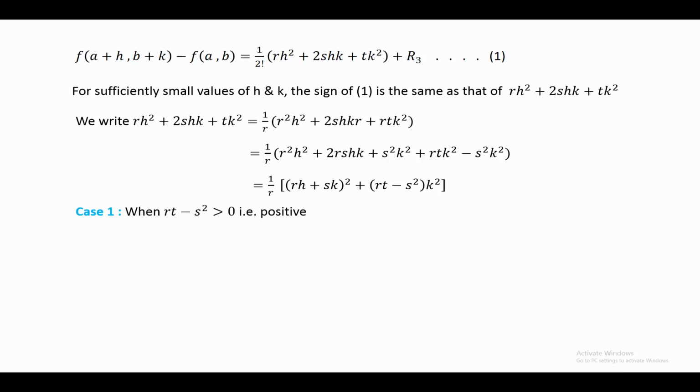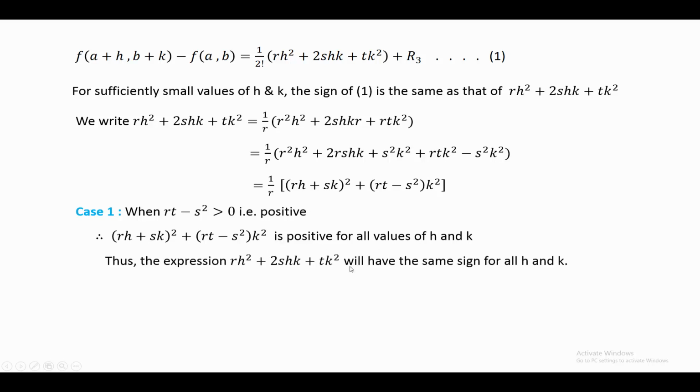Now case number 1, when rt minus s square is positive, greater than 0. Then we have (rh plus sk) whole square plus (rt minus s square) into k square. Here rt minus s square is positive, k square is always positive, and the first bracket is a square, so this is also positive. So all the terms are positive for all values of h and k.